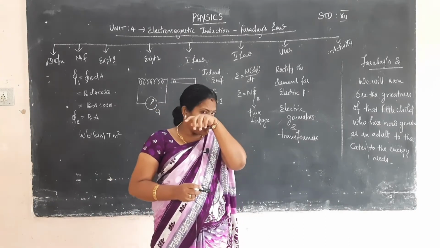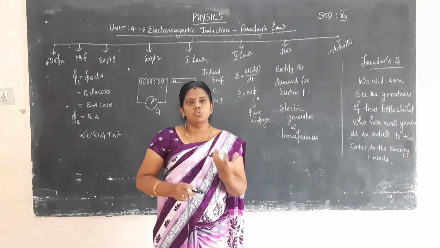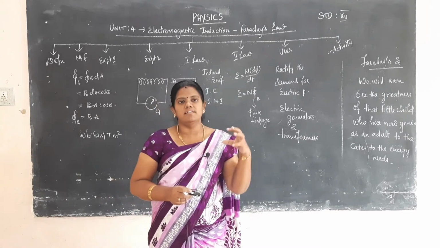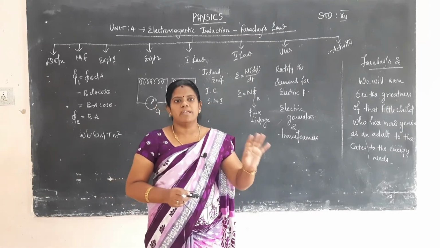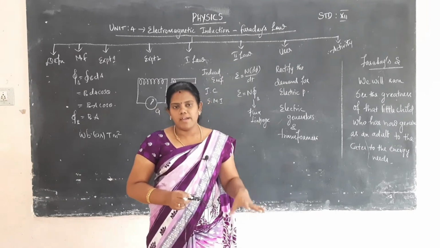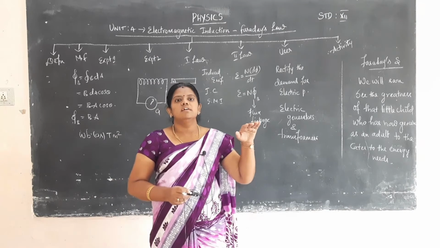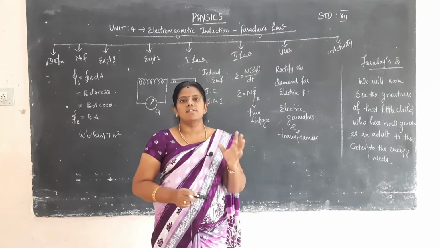He took a coil, and a magnet was moved toward or away from the coil. Flux changes are created in the coil, and the coil induces current. That's the concept of Michael Faraday. Michael Faraday applied a magnetic field, and the magnetic field creates or induces current in the coil.